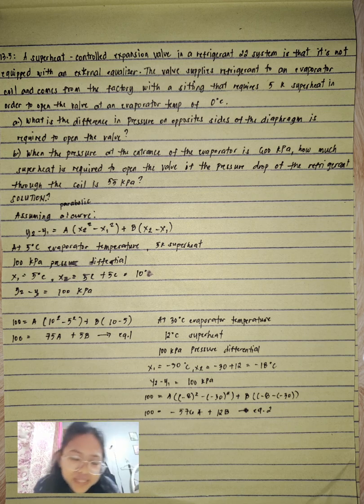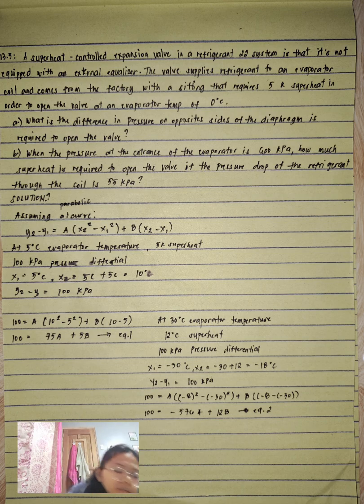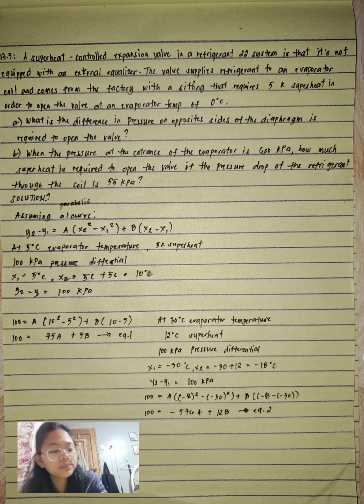Solution. So, assuming a parabolic curve, y sub 2 minus y sub 1 is equal to A multiplied by x sub 2 squared minus x sub 1 squared, plus B times x sub 2 minus x sub 1.